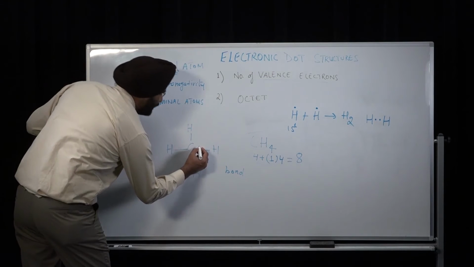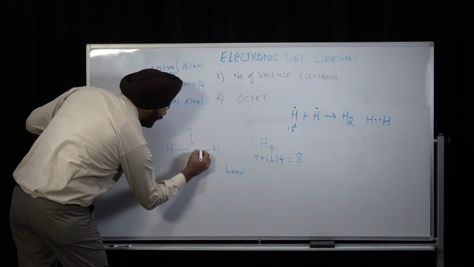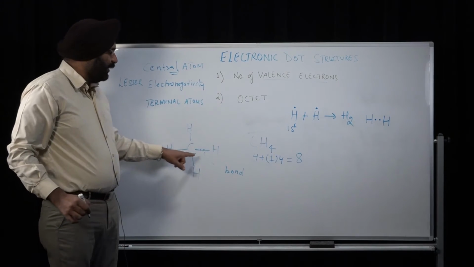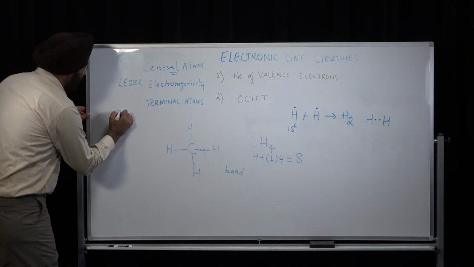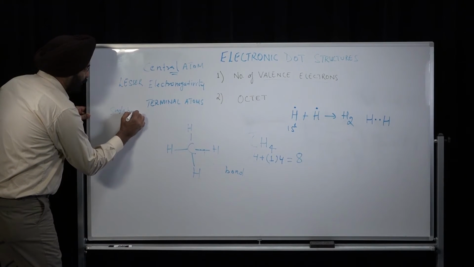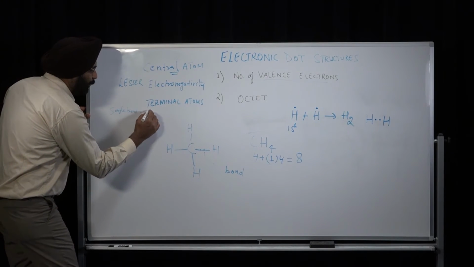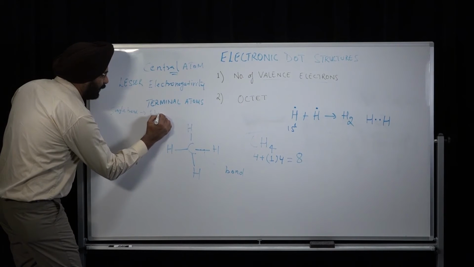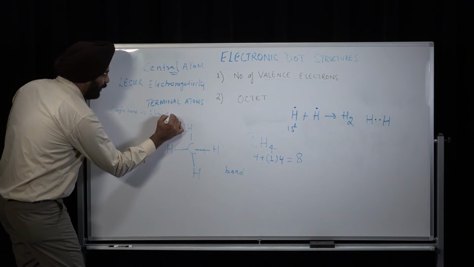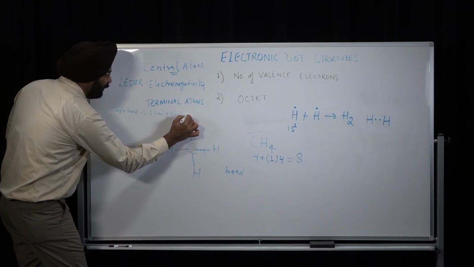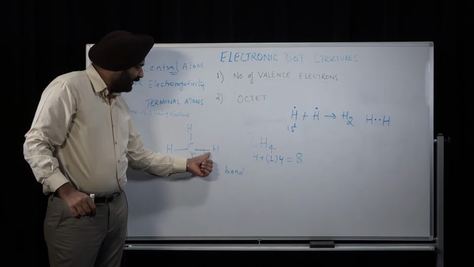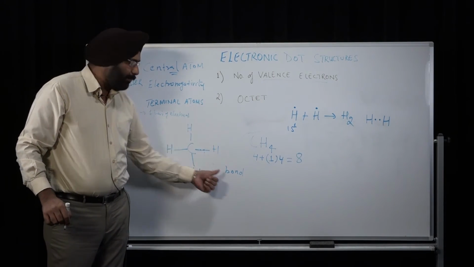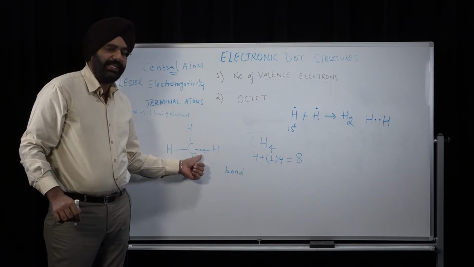A bond is composed of 2 electrons. So a single bond is composed of 1 pair of electrons. There are 2 electrons in there. So this line represents a bond, and a bond is composed of 2 electrons.